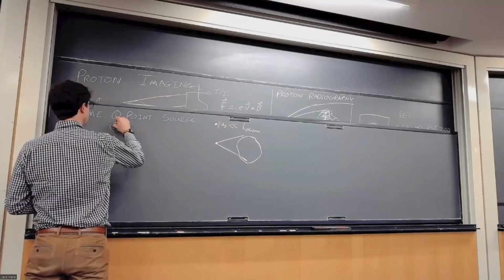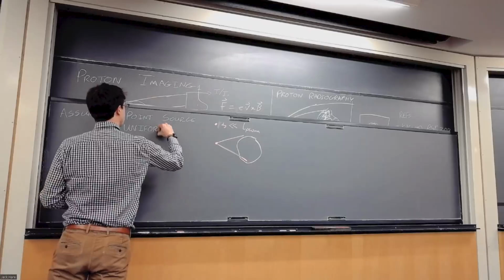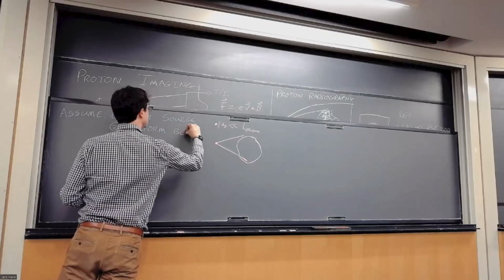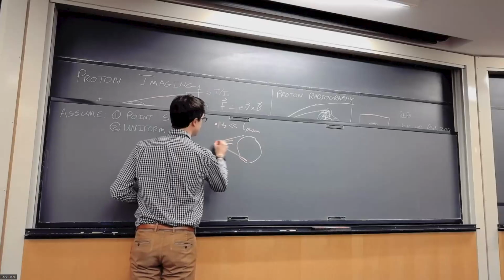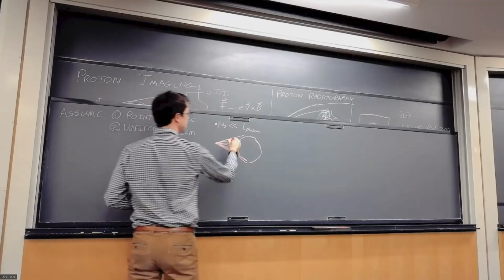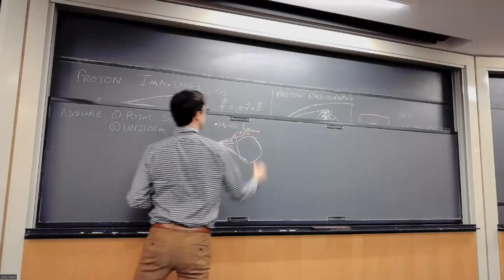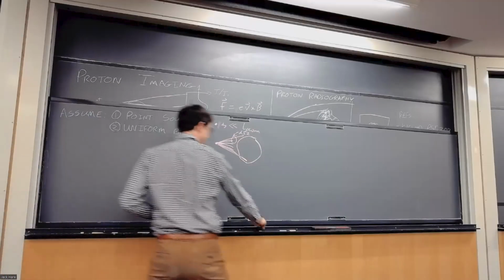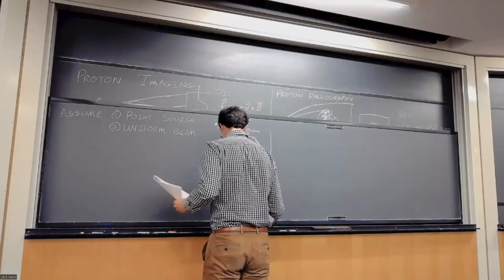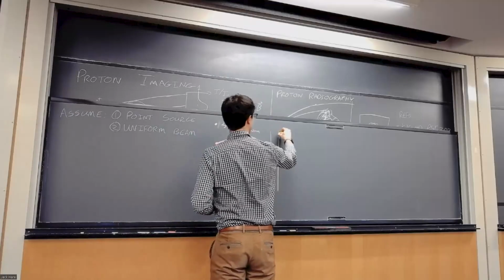The next thing we need to assume is a uniform beam, which is to say that we have the same number of protons coming through every little infinitesimal solid angle unit here. So that in the absence of any plasma, when I put my detector here, I do in fact get a nice uniform signal on it.